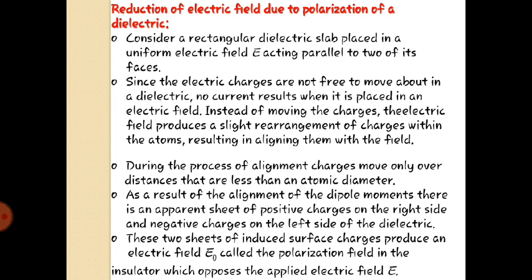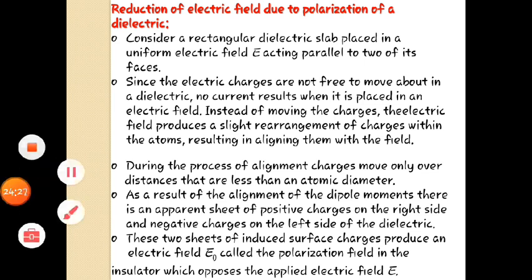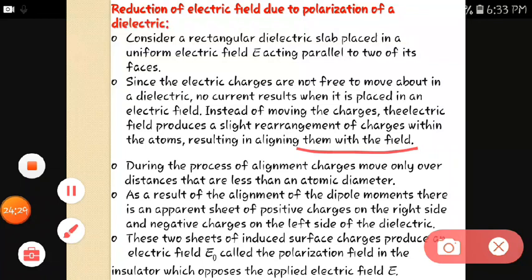So what is the role of the external field then? When an external field is applied to dielectrics, the molecules will start to align themselves. They are not moving from one place to another. They are just going to align in a small amount with respect to the field.